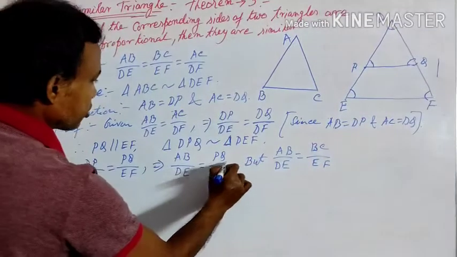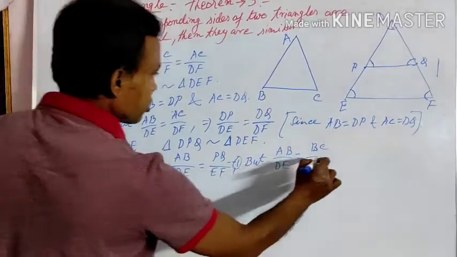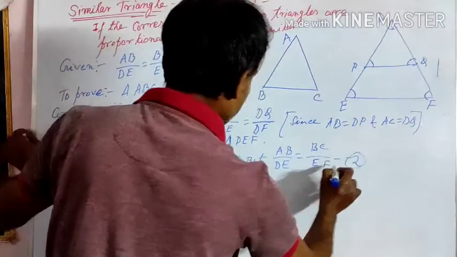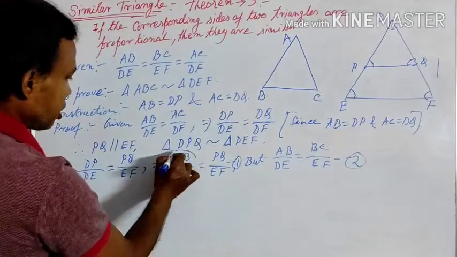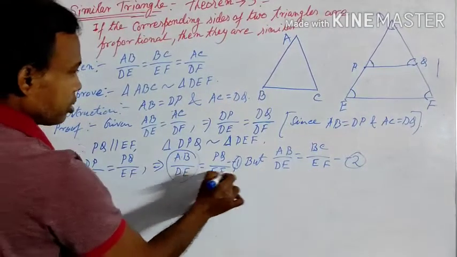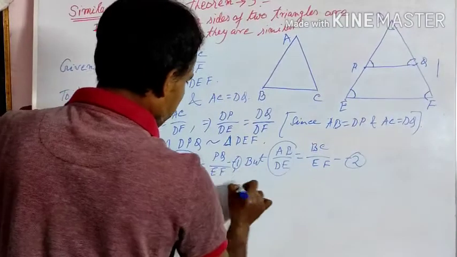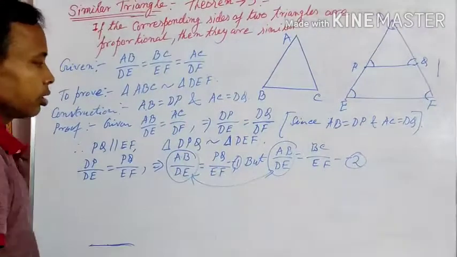Suppose this is equation 1, this is your 2. In equations 1 and 2, the left hand sides, AB by DE, are equal.